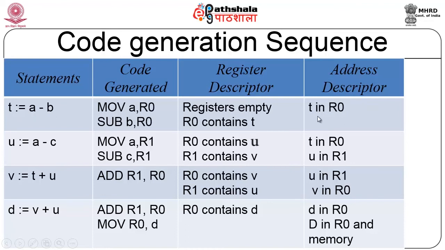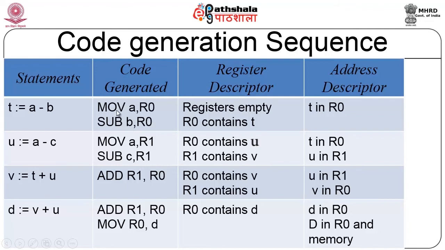At this particular point you can say A is in R0, but you are going to compute something here, so we will wait. Then you have to issue the command subtract B comma R0.